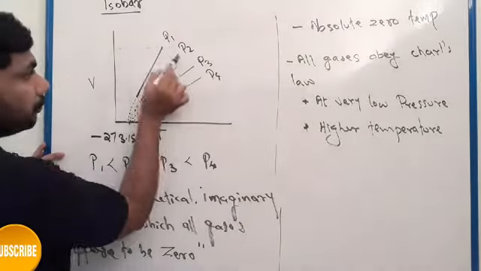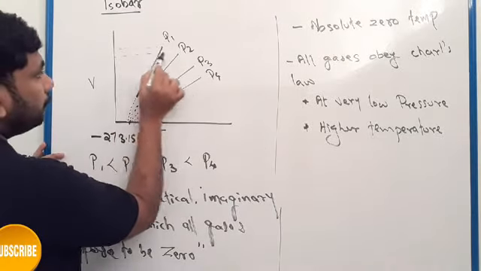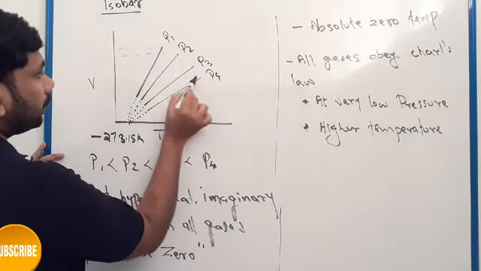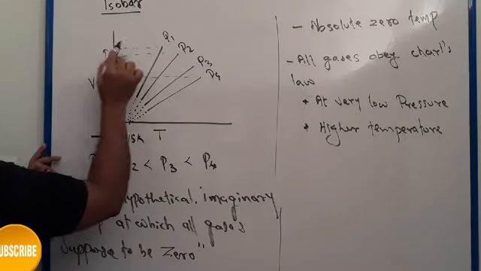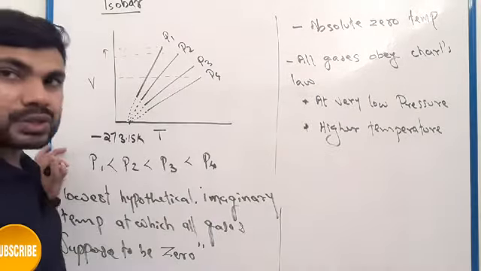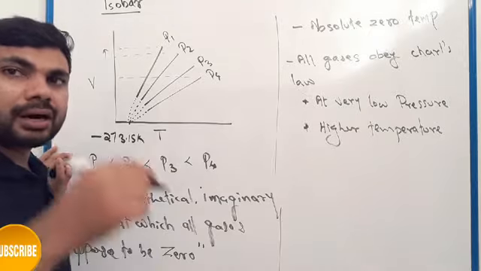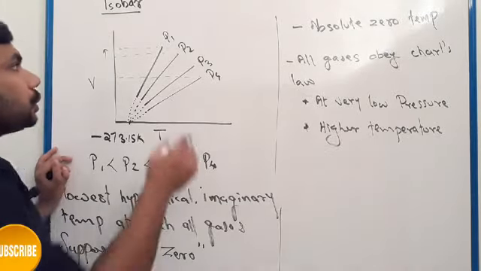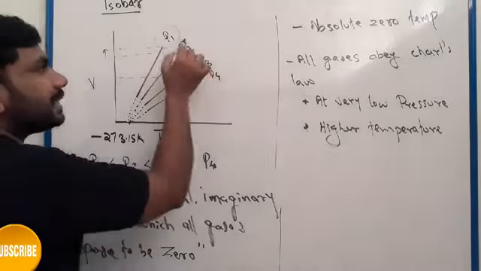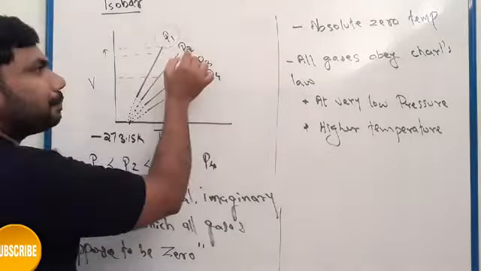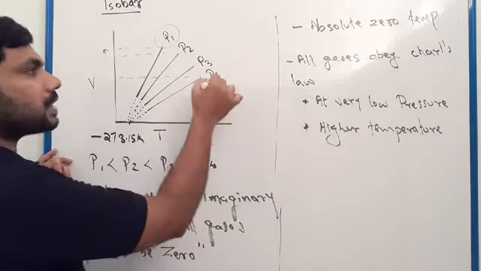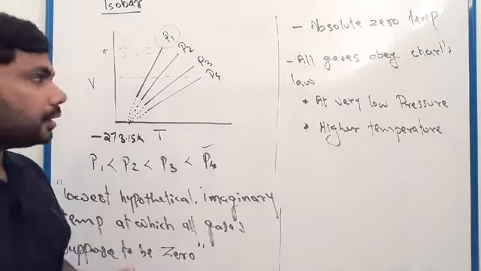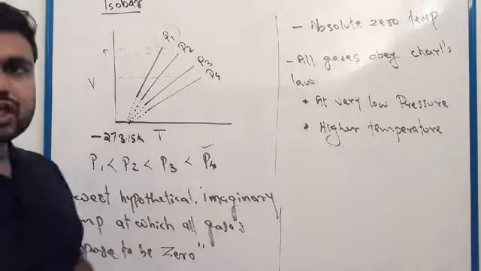When you move in this direction, volume will decrease. At a higher volume, pressure will be less, because volume and pressure are inversely proportional. So P1 will be less than P2, P2 is less than P3, P3 is less than P4, P4 is higher.